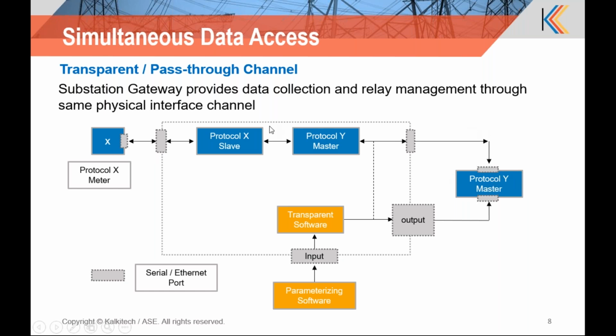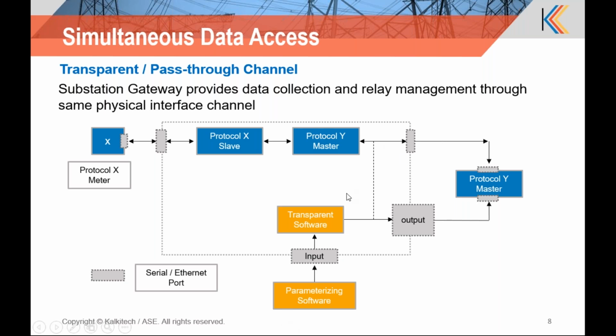We need to have the DR collected from that port itself, plus we need that port to be used for parameterizing the relay from the parameterization software. So what we provide is a transparent or pass-through channel to enable simultaneous access of the live data as well as the configuration file.